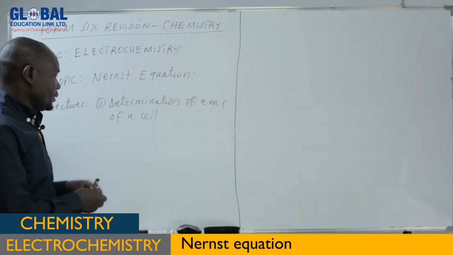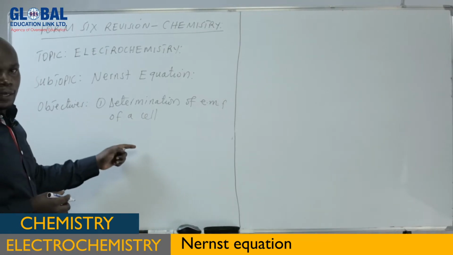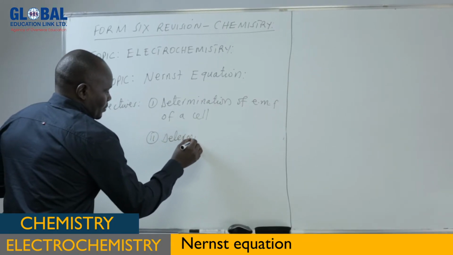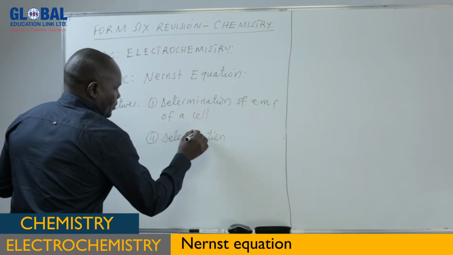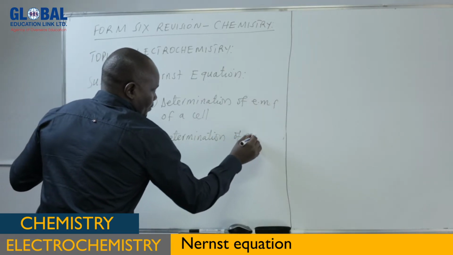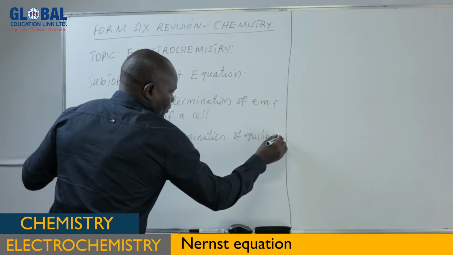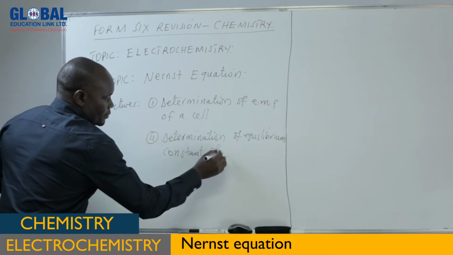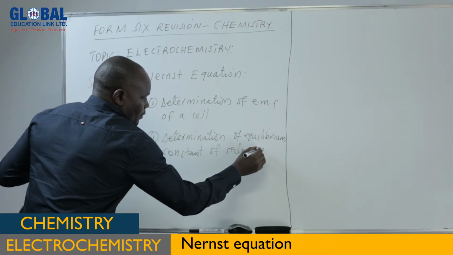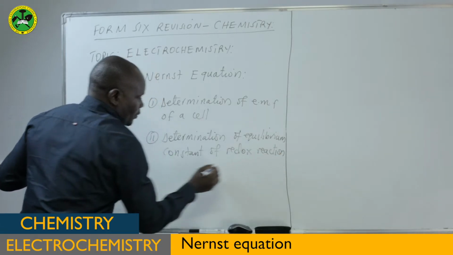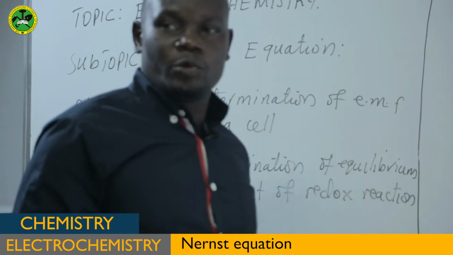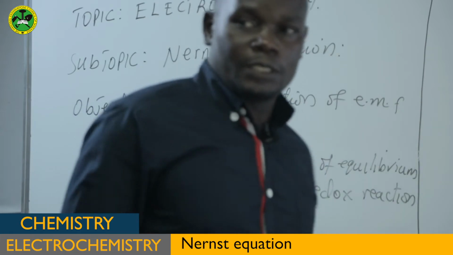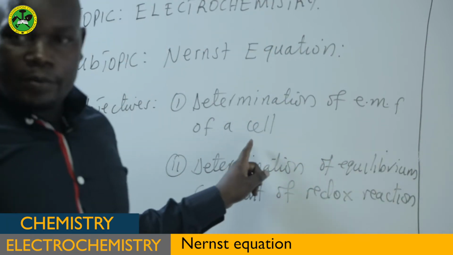Second is the determination of equilibrium constant of redox reaction. So these are the two key issues that you are going to consider in this lesson today. So let us start with the determination of EMF of a cell.